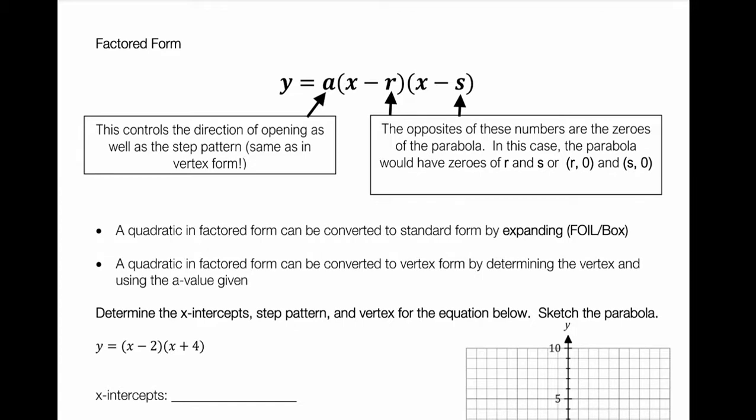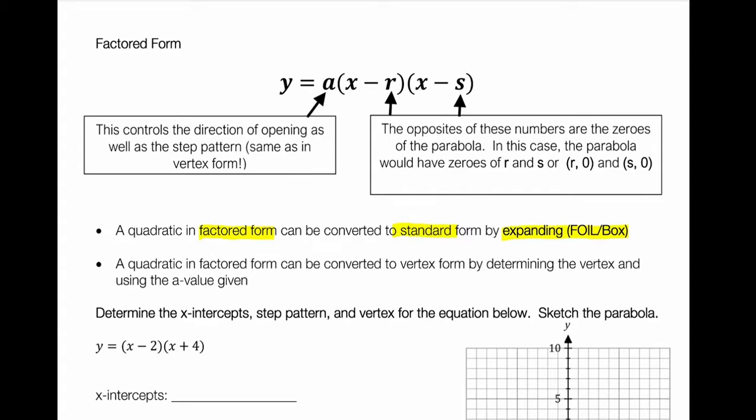Some things about the factored form is that the quadratic in factored form can be converted to standard form by expanding using the FOIL or box method. So same as vertex form, we can convert the factored form into standard form by expanding or basically multiplying all of our terms.